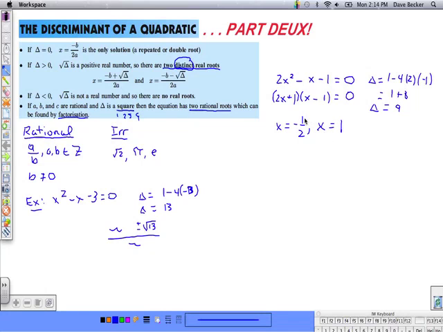Okay, so again, we had a perfect square for delta, which means that the quadratic is factorable, and we have two rational solutions, which means we can write the solutions as fractions. Whereas here we had two distinct real roots, but we couldn't write them as fractions, as rational.